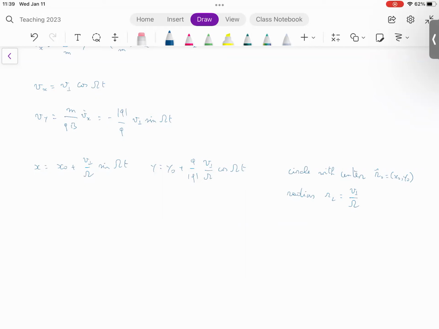Both ions and electrons are carrying a current because they're moving, so I can calculate the magnetic field that goes through the center of the circle, and that magnetic field is going to be in a direction opposite to the direction of the original magnetic field.